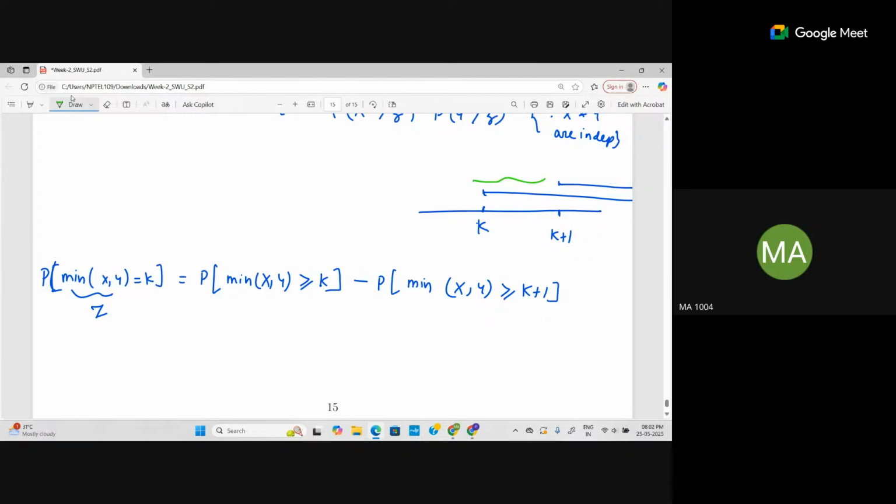We have only one point k. There is nothing between k and k plus 1, right? So you will get the probability that the minimum of x comma y is equal to k.